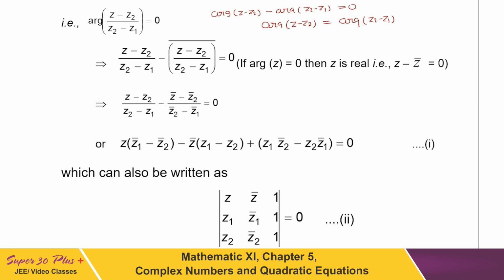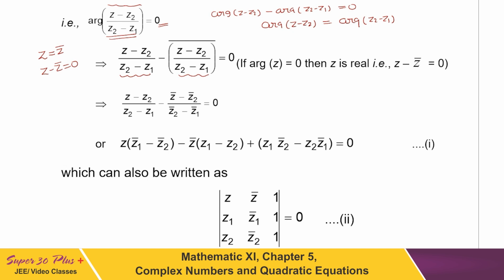And if the argument of any complex number is 0, then this complex number is purely real. And for a purely real complex number, we can write Z is equal to Z bar, or you can say Z minus Z bar is equal to 0.